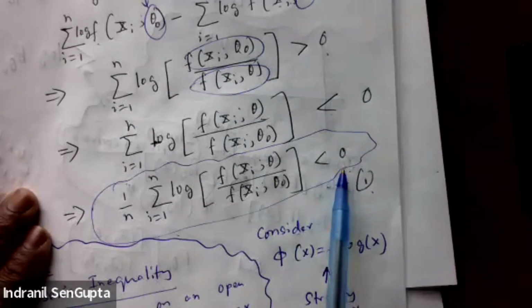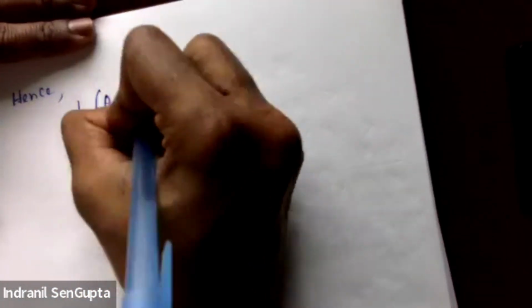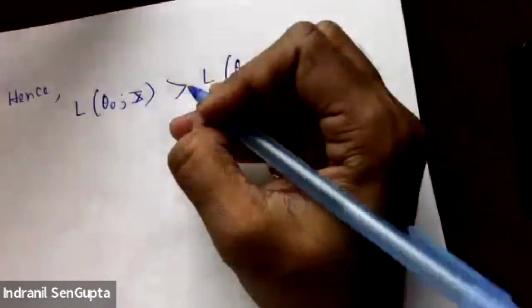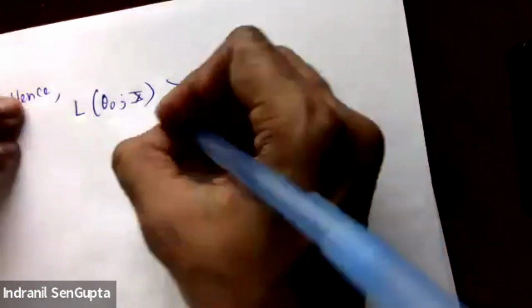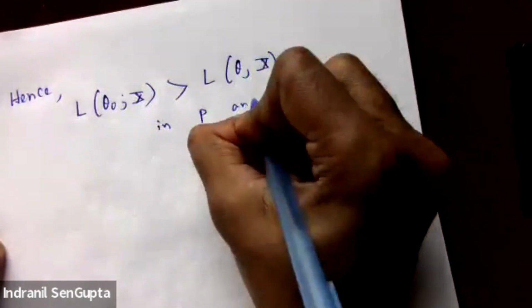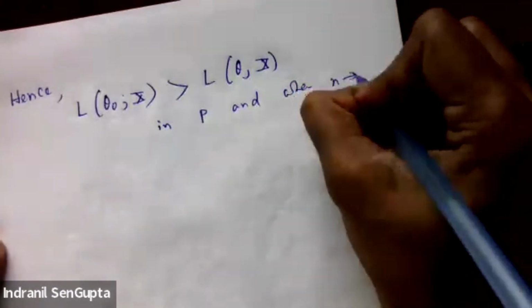So hence, we conclude from here that L of theta 0 x is bigger than L of theta x in probability when n is going to infinity.